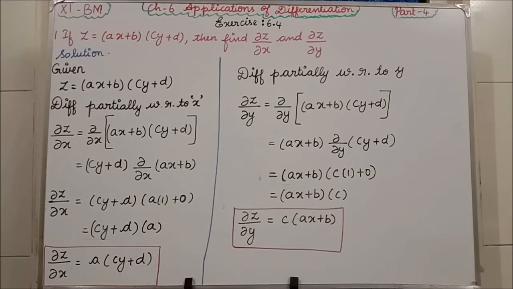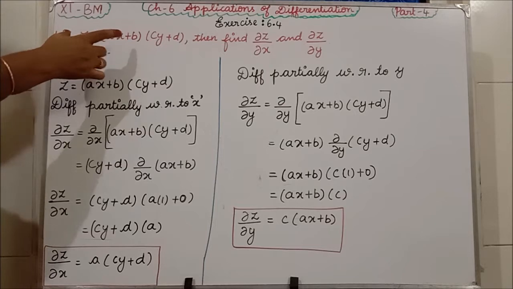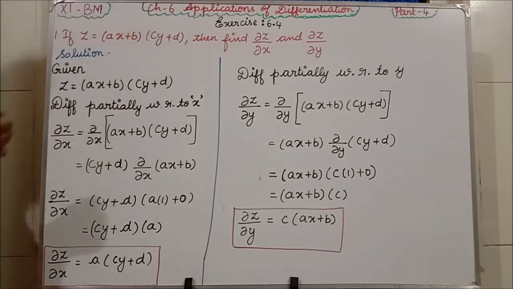Okay, first we'll find dou z by dou x. I told you students, when you are differentiating partially with respect to x, you have to keep the y as constant. Clear? The same only I am going to proceed here. So this is the given function. Now we are going to differentiate this z with respect to x.